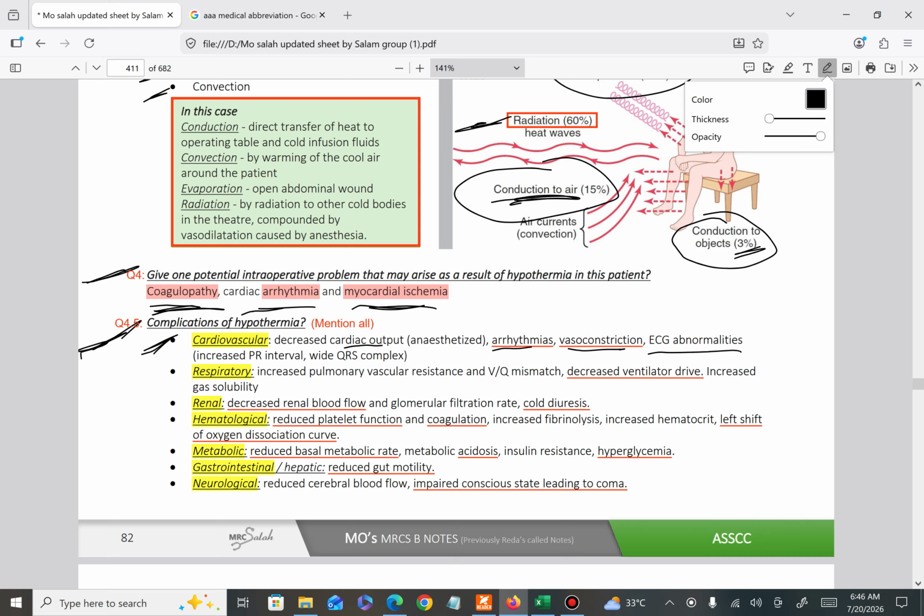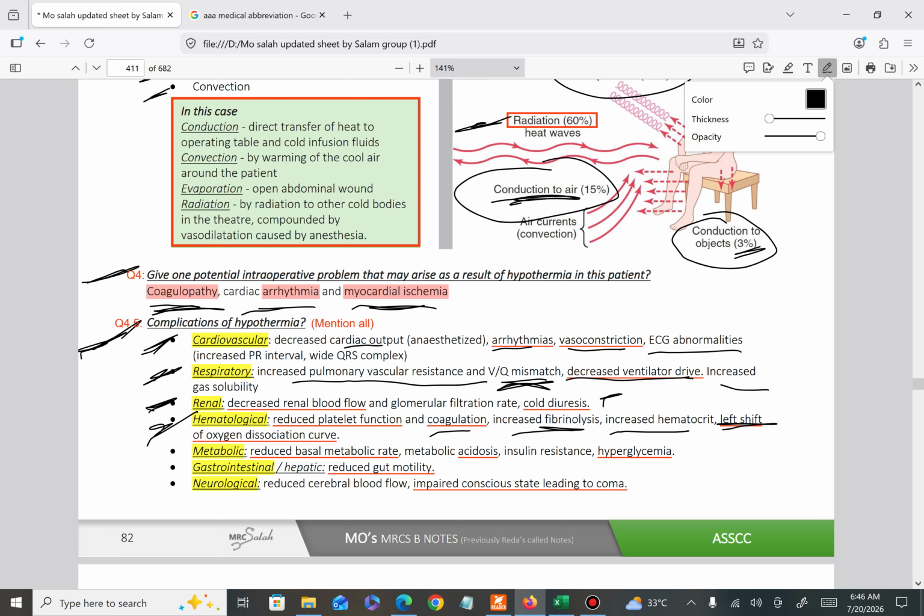Then respiratory complications include increased pulmonary vascular resistance and ventilation perfusion mismatch, decreased ventilatory drive, and increased gas solubility. Renal complications can be decreased renal blood flow and glomerular filtration rate, and cold diuresis. Hematological complications can be reduced platelet function and coagulation, increased fibrinolysis, increased hematocrit, and a left shift of the oxygen dissociation curve.